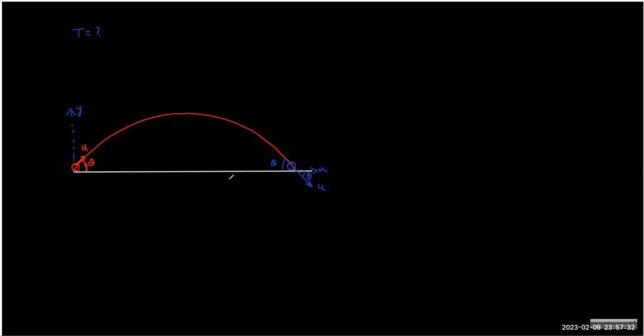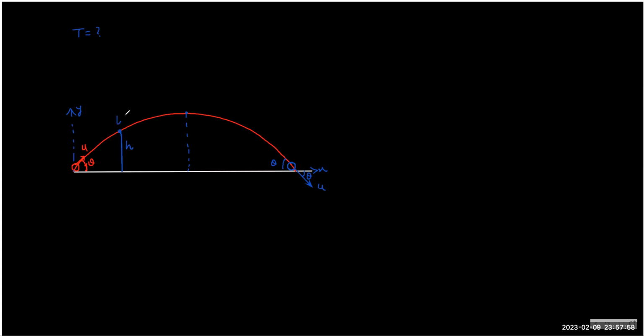See, horizontal projectile is simple. Here we are starting from here, and that's it. So we can write any height h. After what time will you be here? How much time will it take to go there? You have no idea.